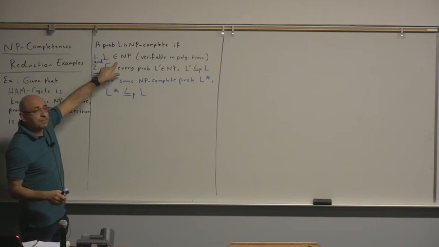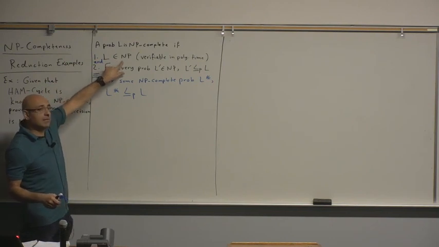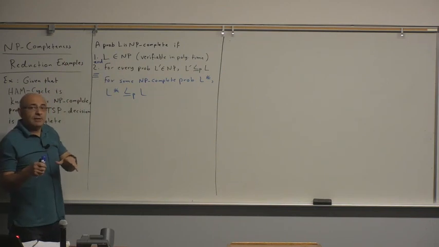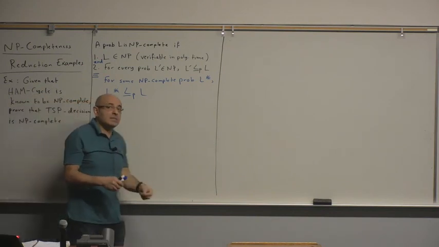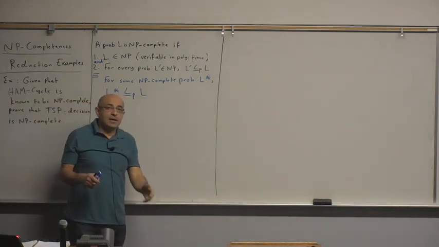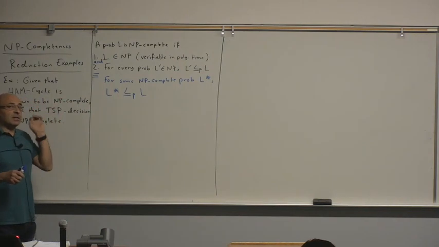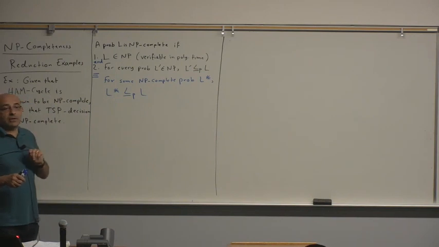Condition number 1 is the polynomial time verifiability of the traveling salesman decision, and we have just said how to do that. You verify that the vertices are valid with no repetition, and that the sum of edge weights on the proposed cycle is less than or equal to the given target.